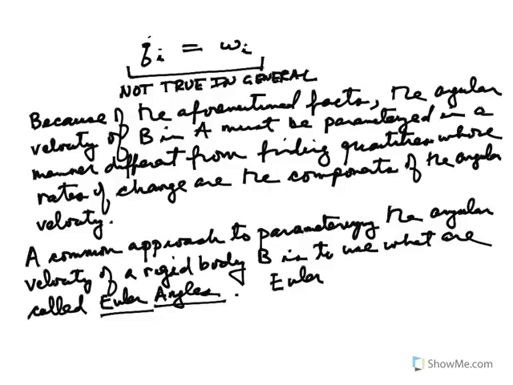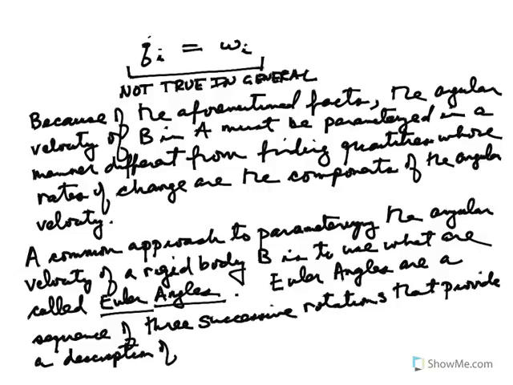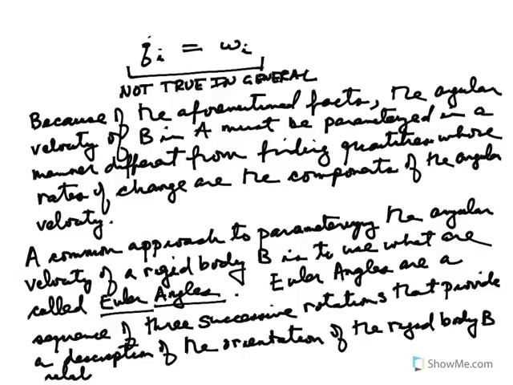What Euler angles form are a sequence of three successive rotations that provide a description of the orientation of the body, in this case the rigid body B, relative to any reference frame of interest.